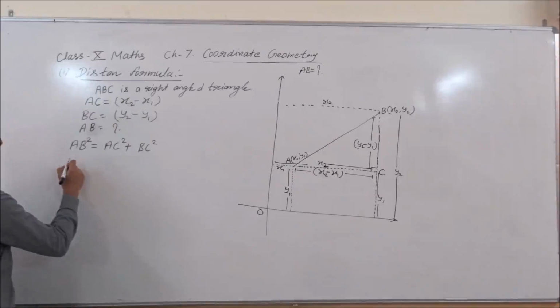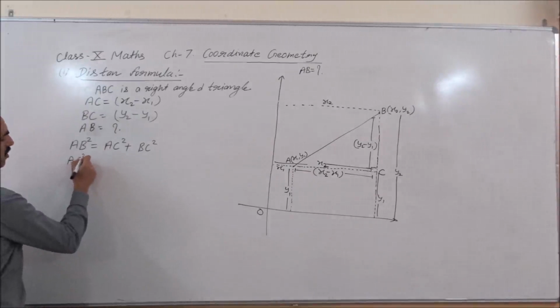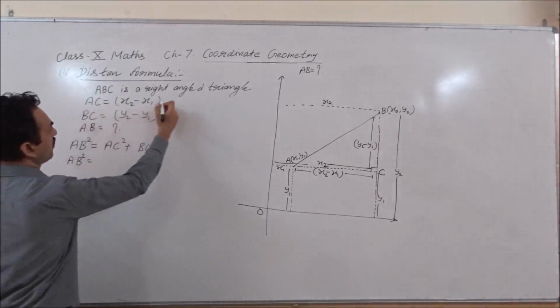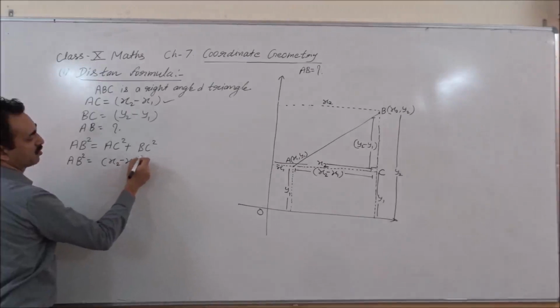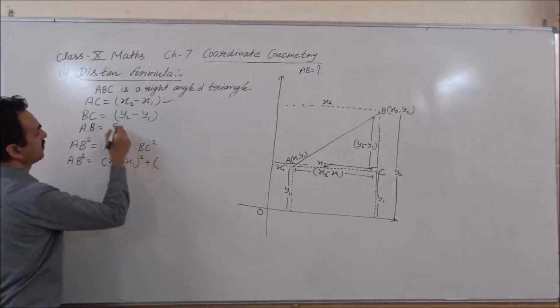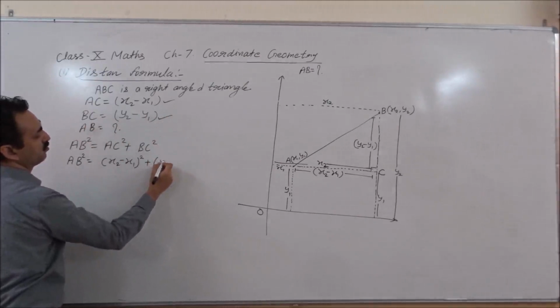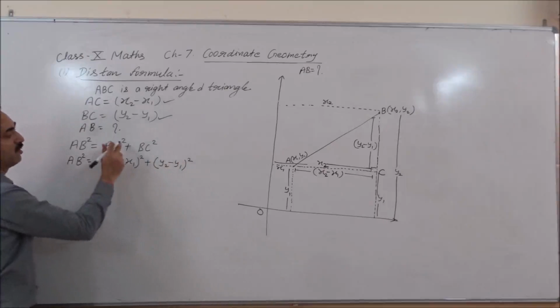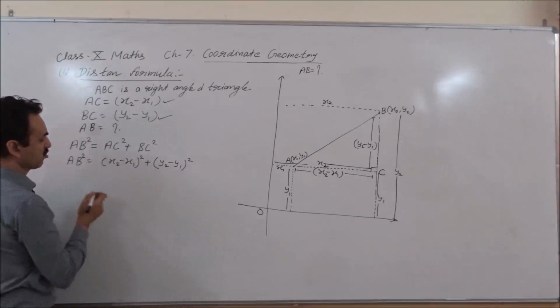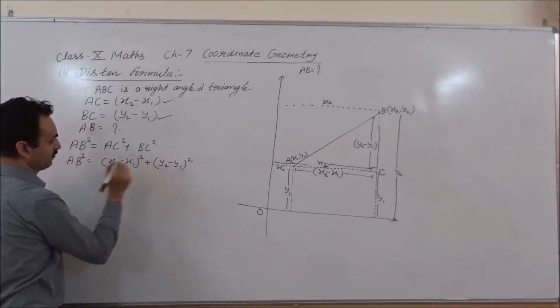So we write here AB square. Now AC is given as x2 minus x1 whole square plus BC is given as y2 minus y1 whole square. Don't forget to write whole square because here it is AC square and BC square. So AB square is this one.